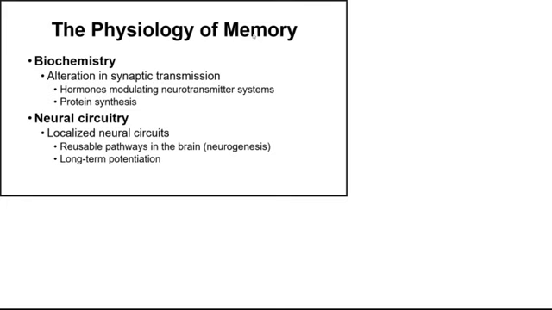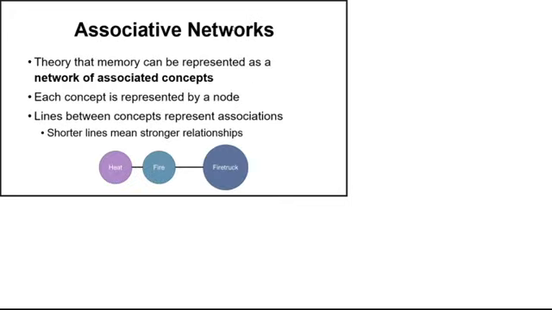And we can use this concept of neural circuitry to talk about one of our possible networks of memory storage. And this is associative networks. This is the idea that memory could be represented as a theory of concepts that are all networked together. We can think of individual concepts as different patterns of firing in the brain.